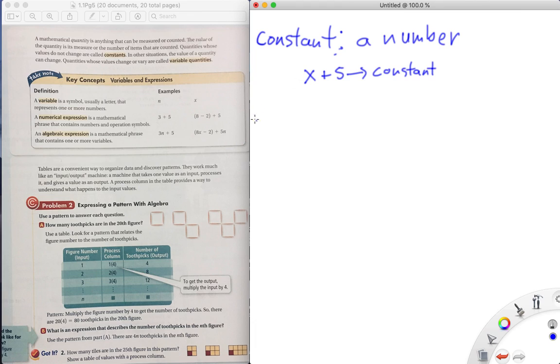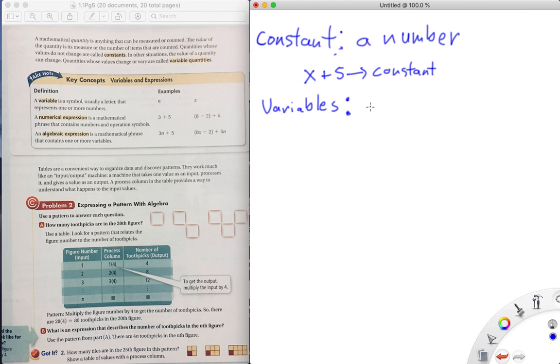Variable quantities, or variables, can change. Variables can change. And what is a variable?